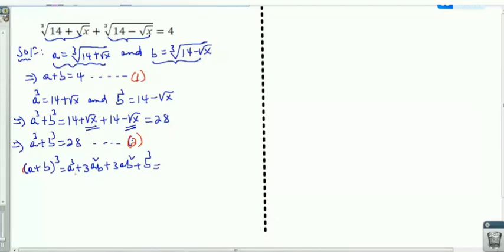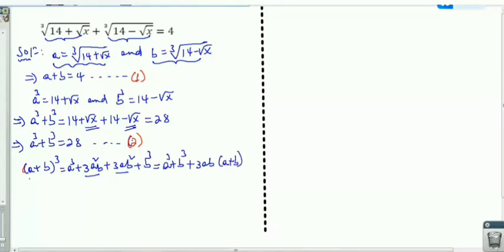Rearranging this, we can write a cube plus b cube plus, taking 3ab in common, 3ab times a plus b.